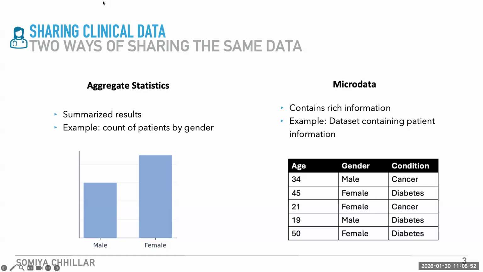It's in the form of data records where we can have attributes such as age, gender, and a health condition. The second one, microdata, is much more useful for analysis. And that's why in this paper, we focused just on microdata.